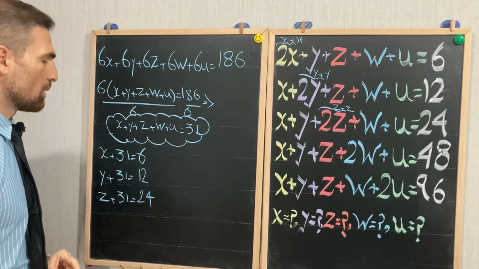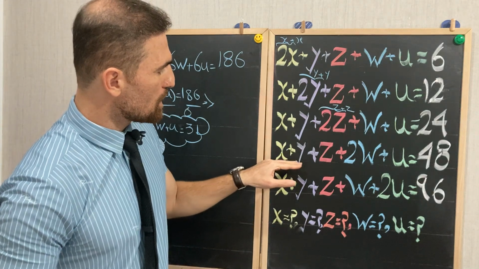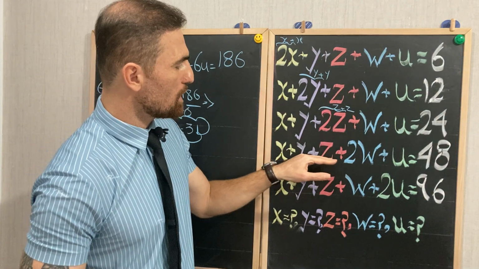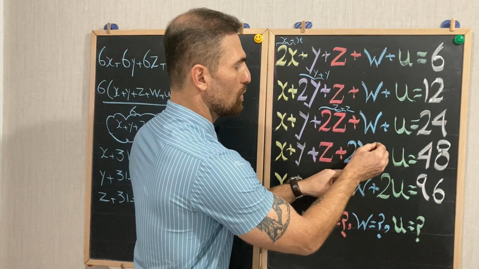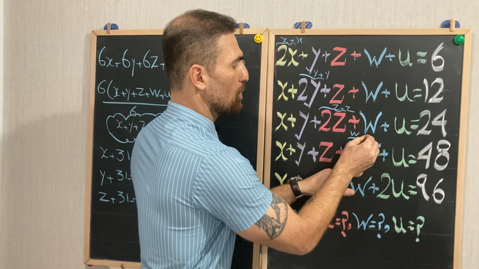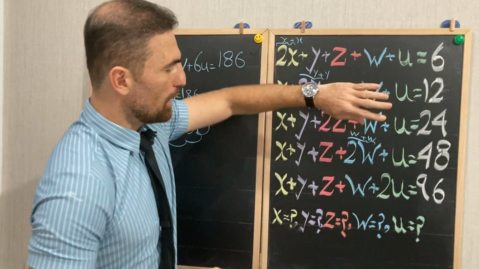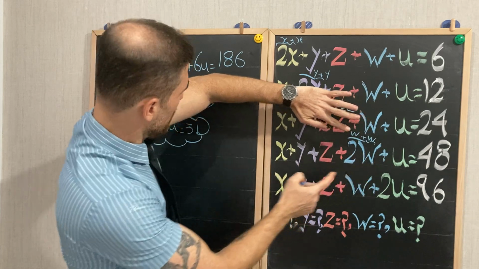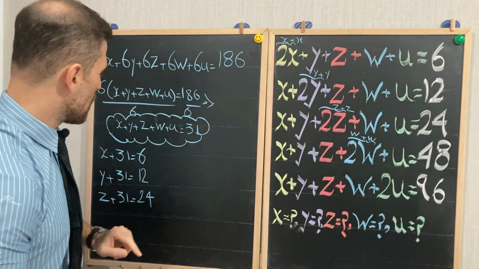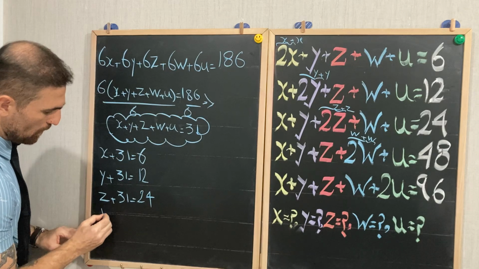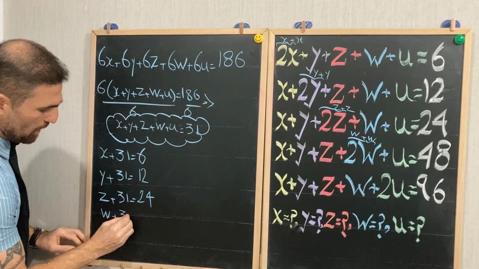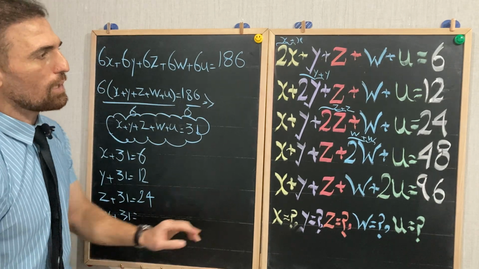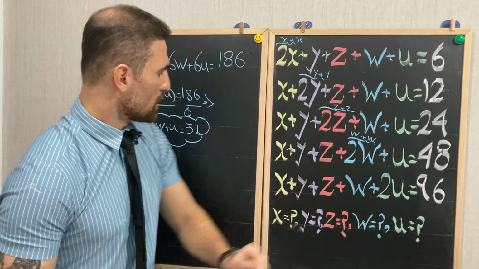Next one, x plus y plus z plus 2w. 2w equals w plus w. Let me hide one of them. x plus y plus z plus w plus u equals 31. So I can write w plus 31 equals 48.